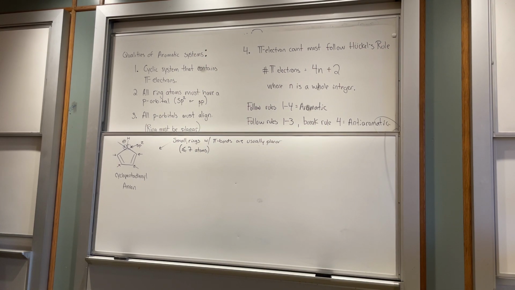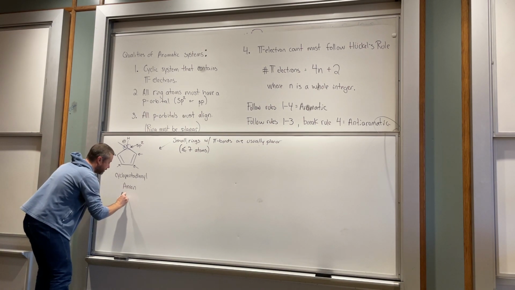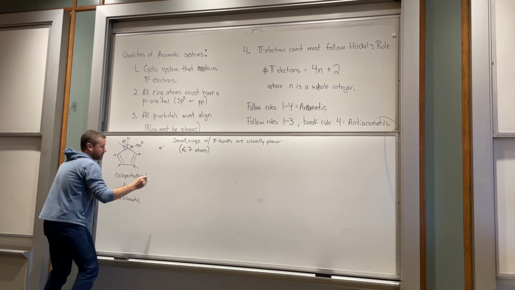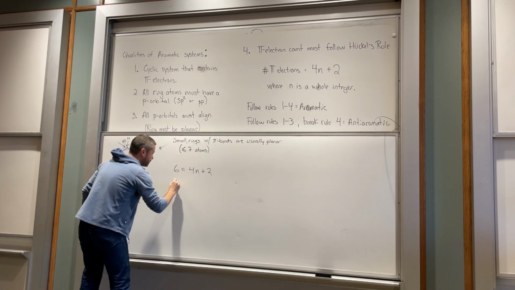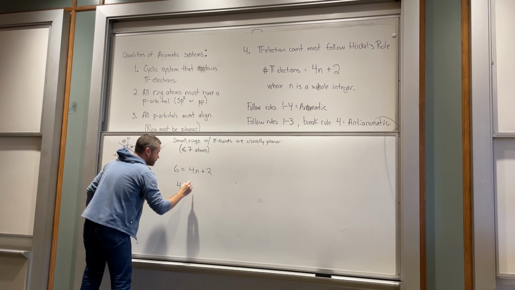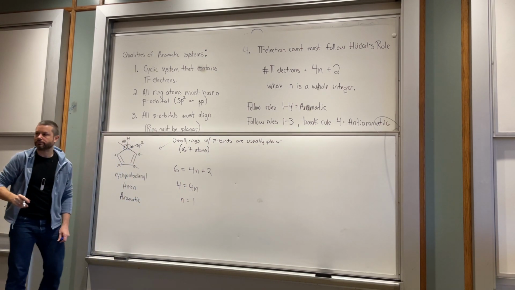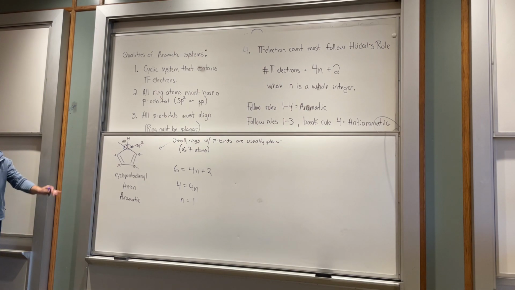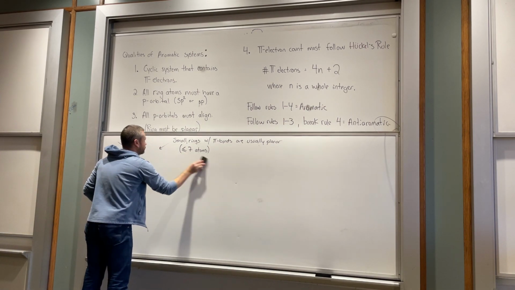And that follows Huckel's rule. Okay, and so we can identify this system as being aromatic. Right, so 6 pi electrons equals 4n plus 2. 4 equals 4n, n equals 1. Questions about that? Okay.